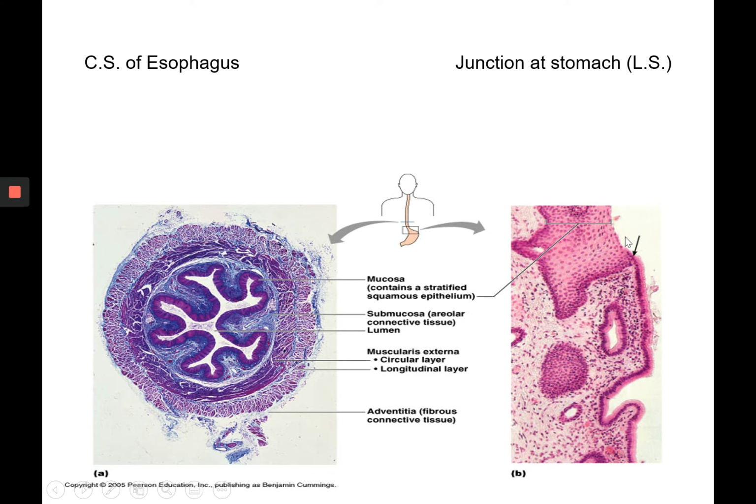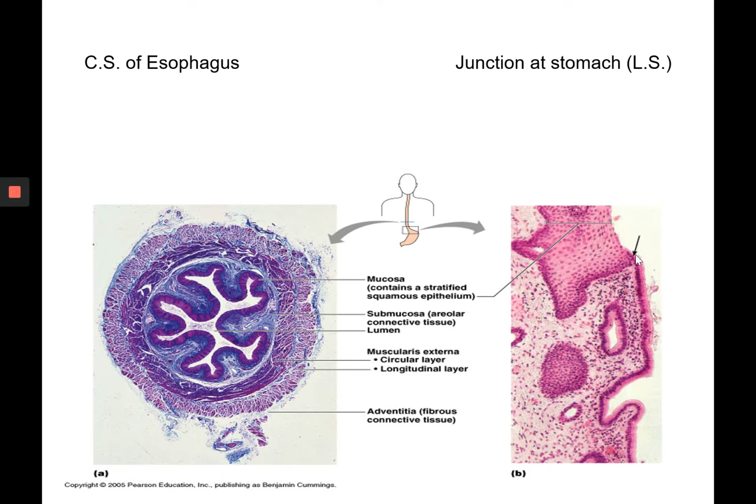And then if we look at the esophagus to stomach junction, we can see a change from stratified squamous epithelium to simple columnar. So as we move from the esophagus to the stomach, there will be a change in the mucosal epithelial lining from stratified squamous to simple columnar.